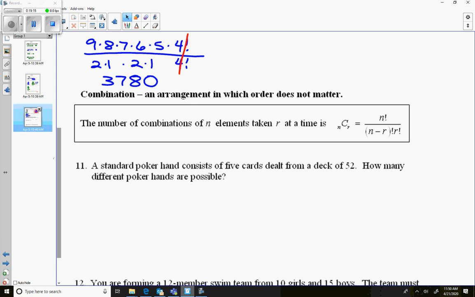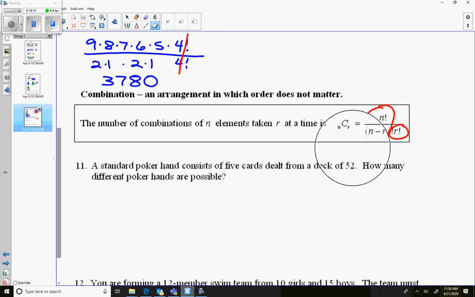If order does not matter, then you're going to have fewer things. So the trick that helps me remember this part right there, that's the permutation. The combination throws in that extra R factorial. That is the only difference between the 2 formulas.